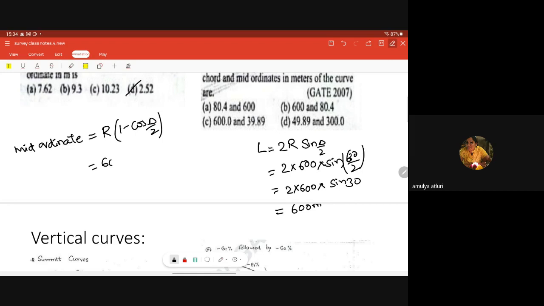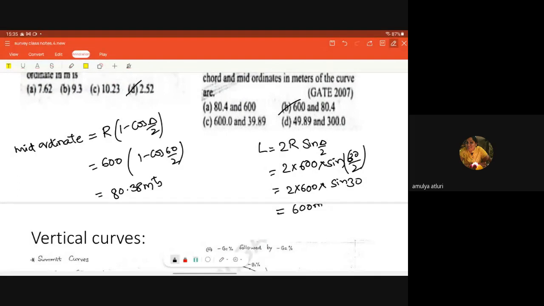R is 600 meters: 1 minus cos 60 by 2, 1 minus cos 30. So the value is 80.38 meters. So the answer is 600 and 80.38 meters, and this is your option B.